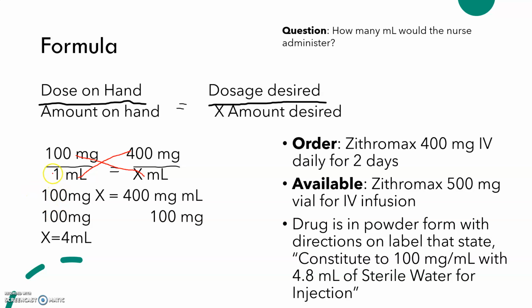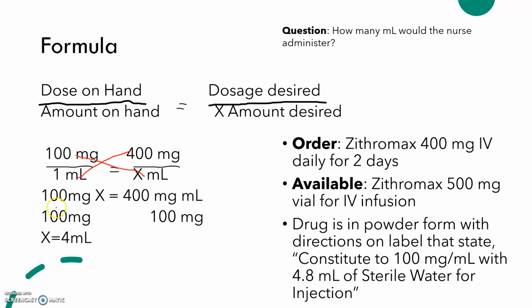By multiplying 100 milligrams by X, we get 100 milligram X. Then multiplying 400 milligrams by 1 ml, we get 400 milligram ml.